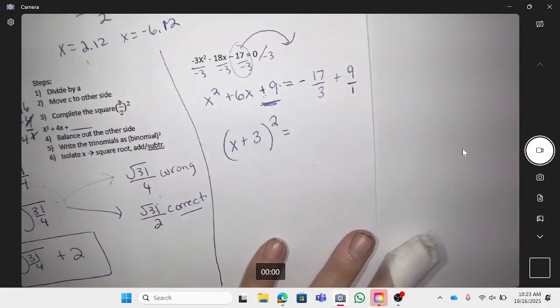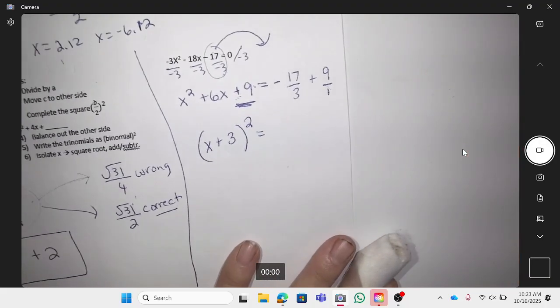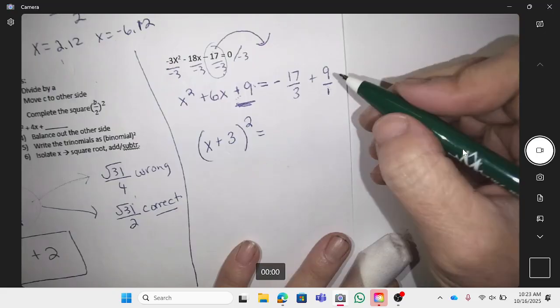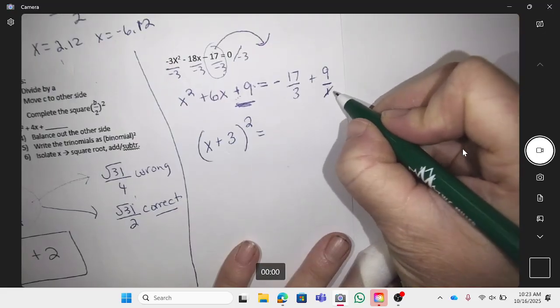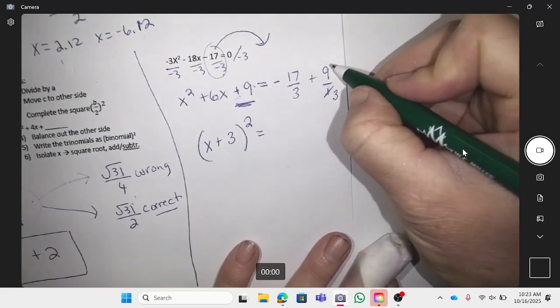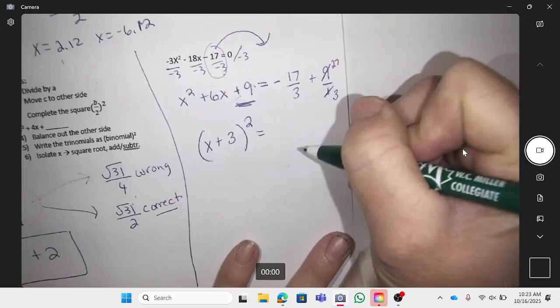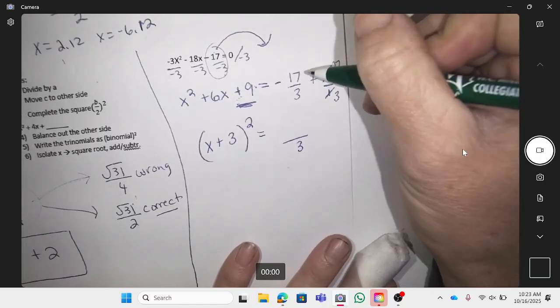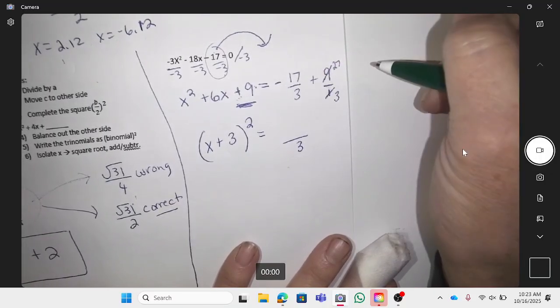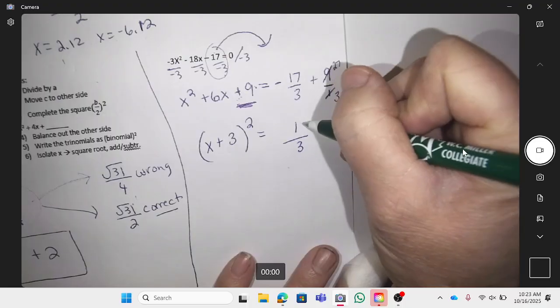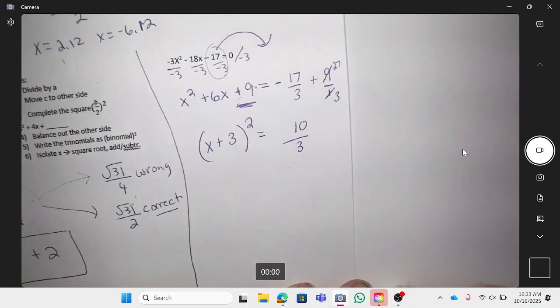Okay, I'm going to put 9 as a 9 over 1. So let's change to a bottom that we like. So I'm going to make this bottom 3, which turns the top into a 27. So what's negative 7 plus 27, or 27 subtract 17? 10.